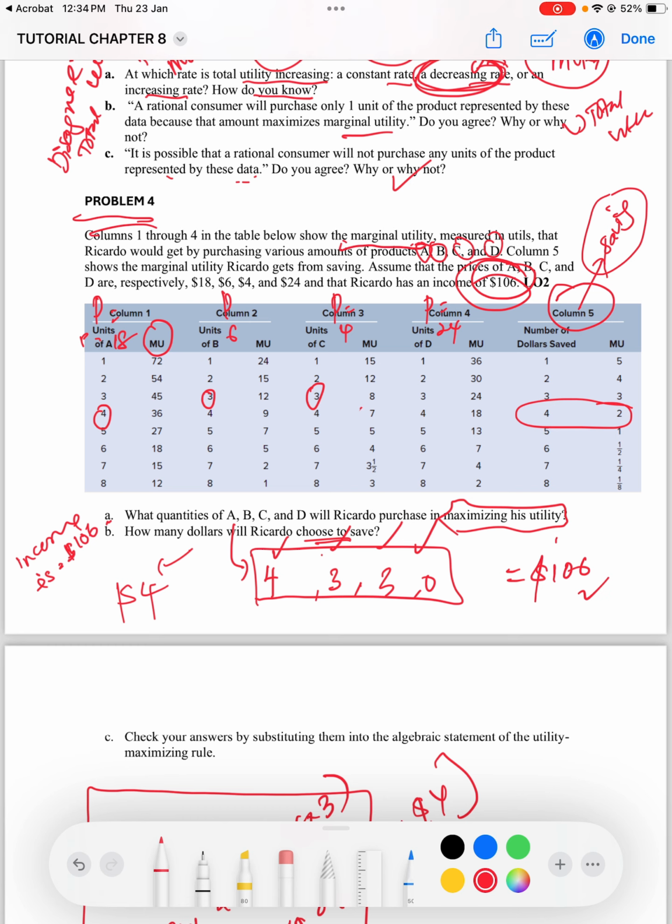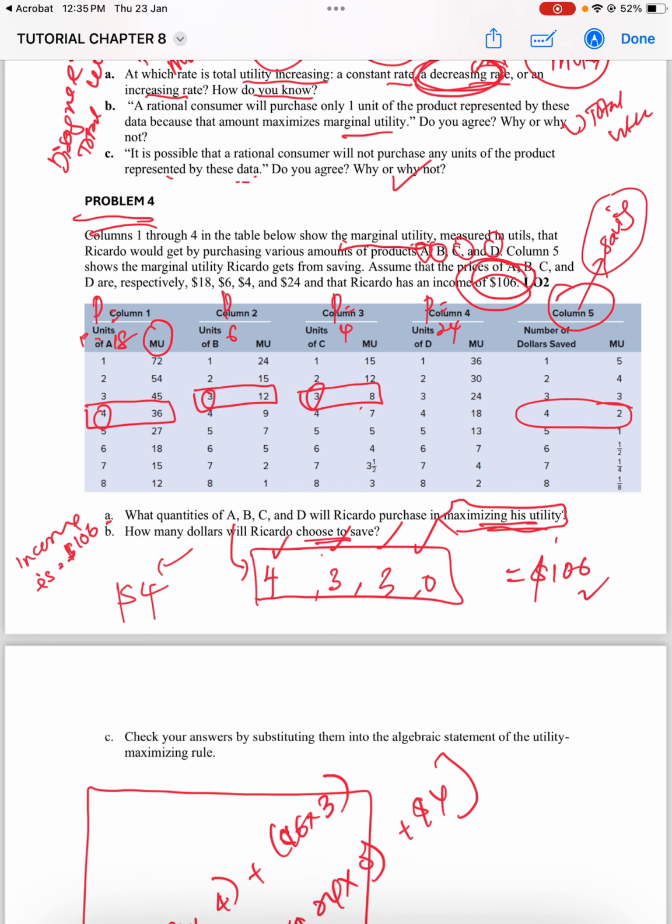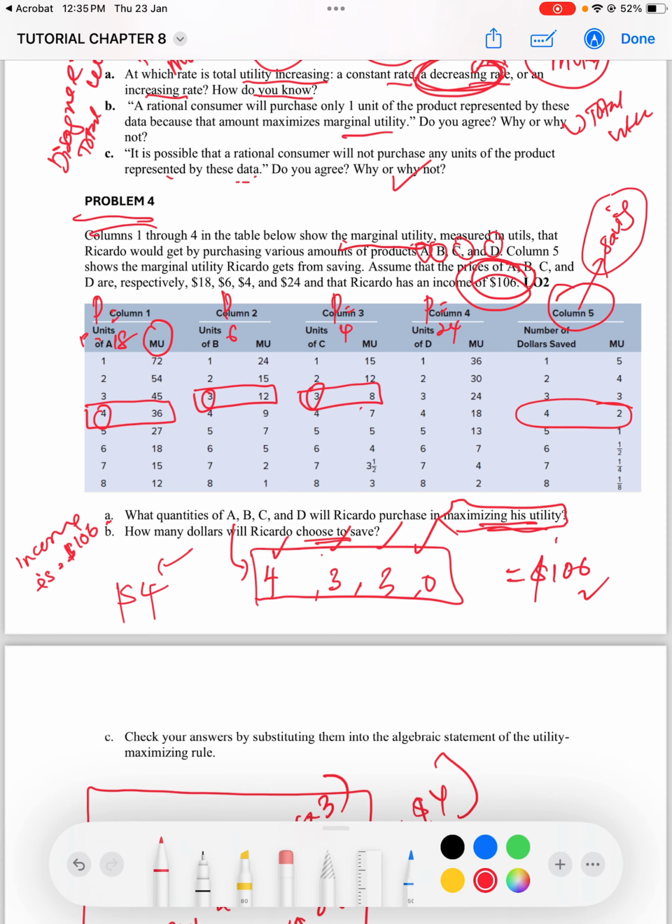The answer is, in order to maximize utility, Ricardo will purchase 4 units of good A, 3 units of good B, 3 units of good C, and 0 units of good D. So this is the quantity of A, B, C, and D that Ricardo will purchase in maximizing his utility.